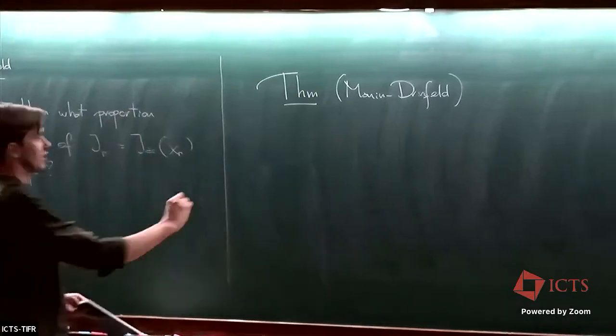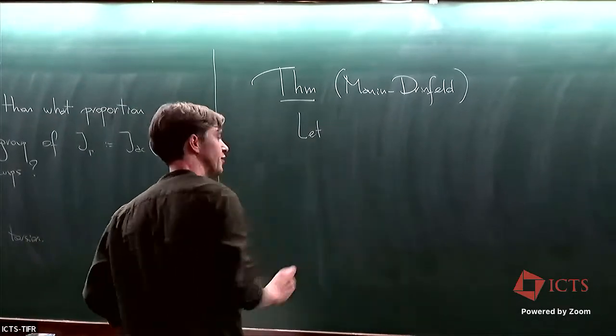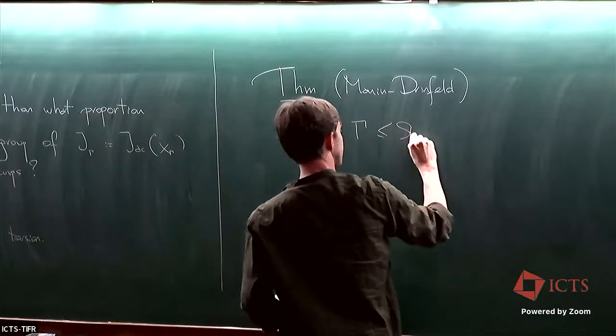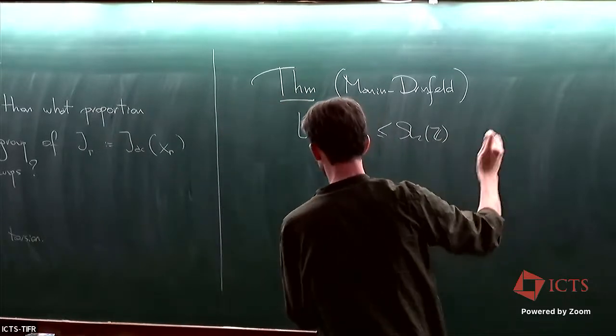So the theorem of Manin and Drinfeld, well, first of all, it's only for congruence subgroups. So gamma is a subgroup of SL2(Z) that is congruence.